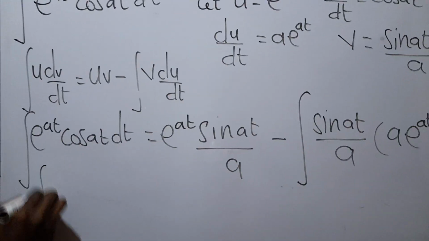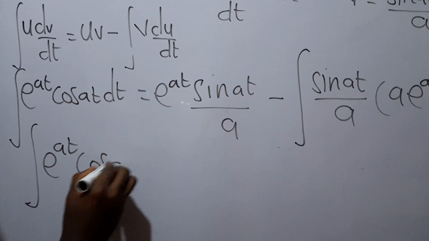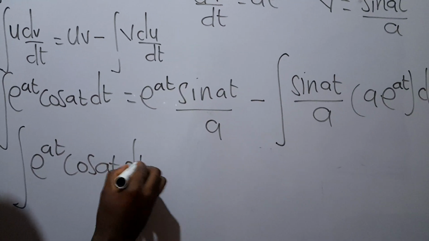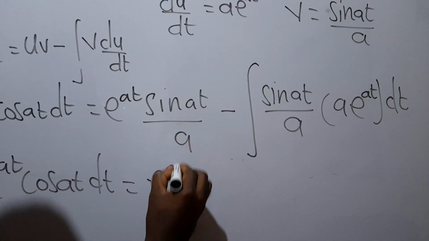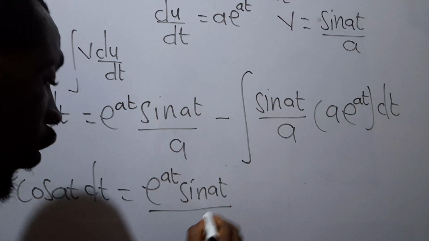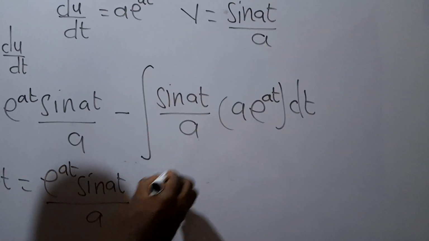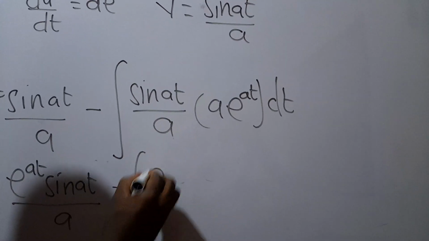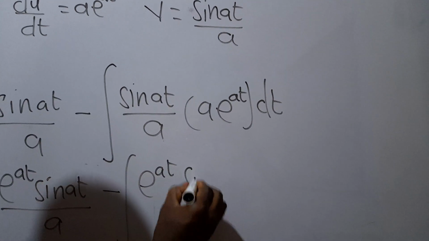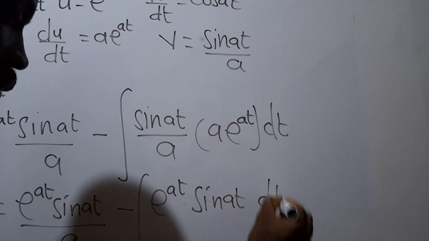Now we'll polish this further. We'll get the integral of e^(at) cos(at) dt equal to e^(at) sin(at) over a. Then this a will divide that a, so we'll get minus the integral of e^(at) sin(at) dt.